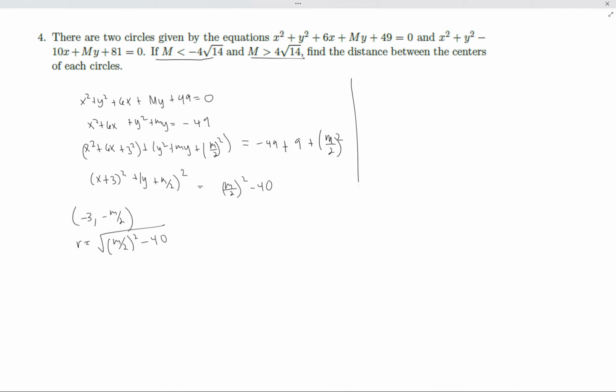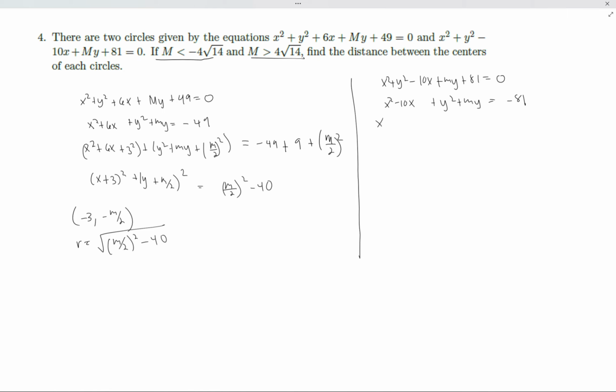Now, for the other circle, we have x squared plus y squared minus 10x plus my plus 81 equal to 0. Let's group again the terms. This will become x squared minus 10x, and then y squared plus my, and then transpose 81 to the other side. This will become negative 81. Then add the terms that we need.